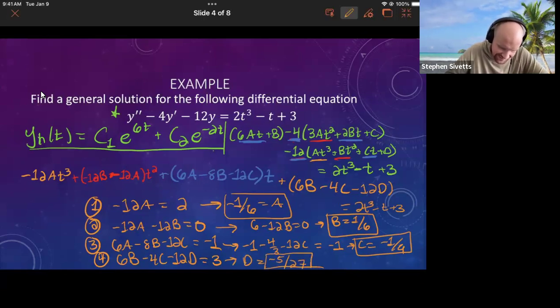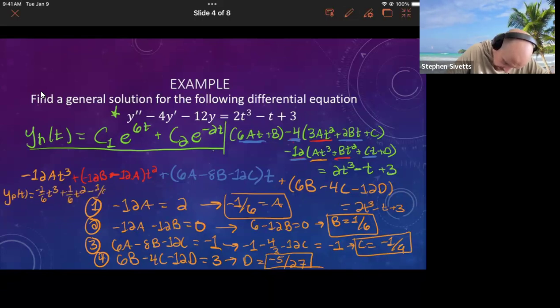All right. So now, since the hard part's over, we know what the particular solution is. y sub p of t would equal -1/6 t cubed plus 1/6 t squared minus 1/9 t minus 5/27.